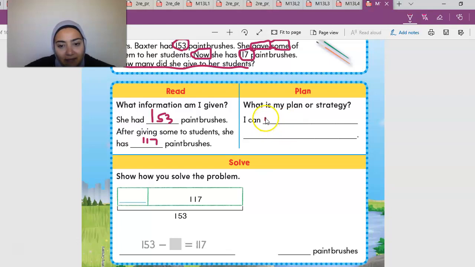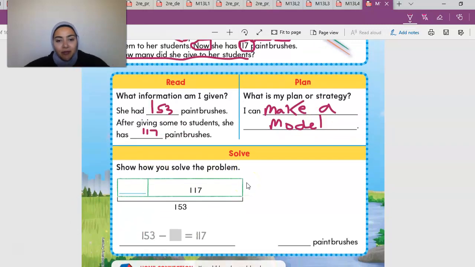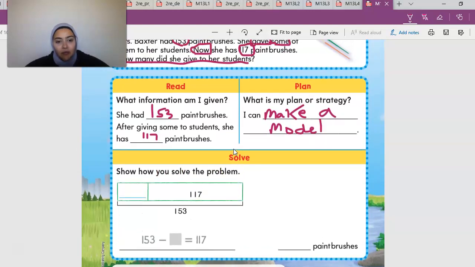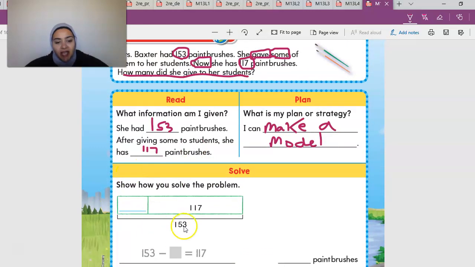So I can make a model, and this is called a model. Okay, so we know that she had 153, right?